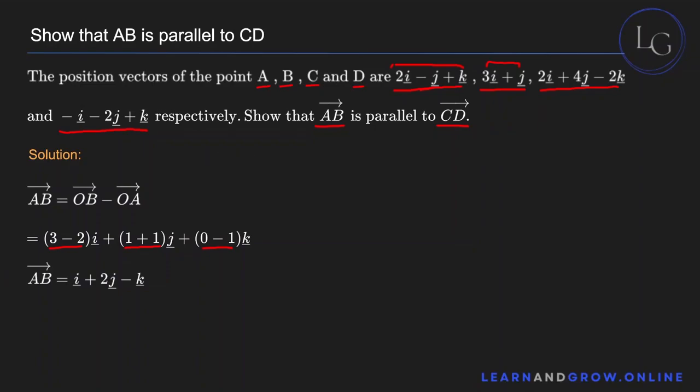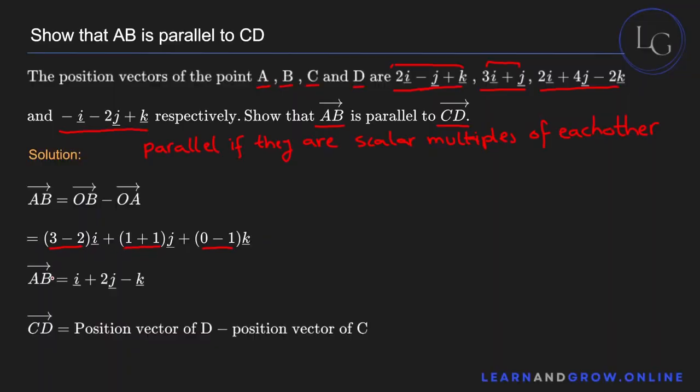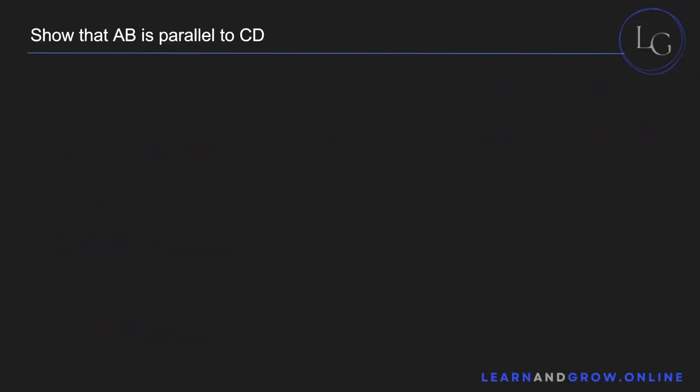Now, remember that two vectors are parallel if they are scalar multiples of each other. Right? So let's find CD and let's see if it is a scalar multiple of AB. So CD is the position vector of D minus the position vector of C, right?